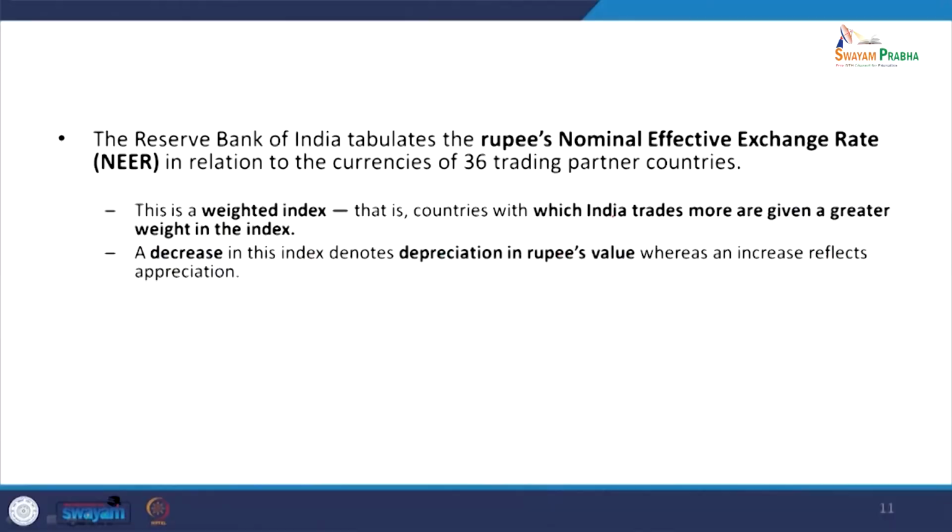Now, coming to further clarification related to NEER and REER, the Reserve Bank of India tabulates the rupee's nominal effective exchange rate, called NEER, in relation to 36 trading partner countries, and as we already mentioned, it is a weighted index. The countries with which India trades more are given a greater weight in the index, where the trade volume is higher.